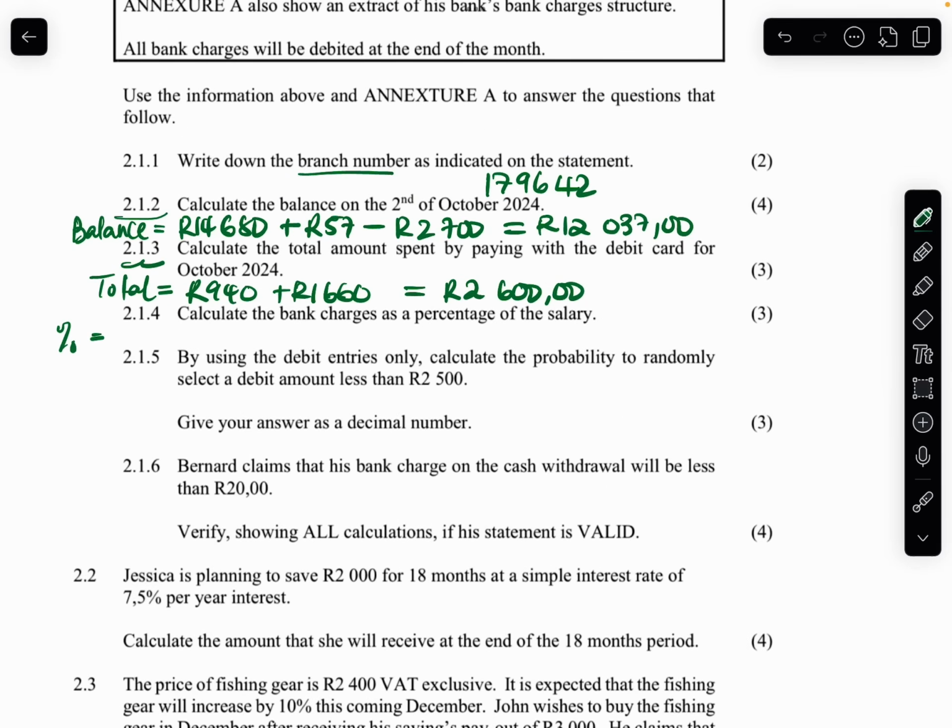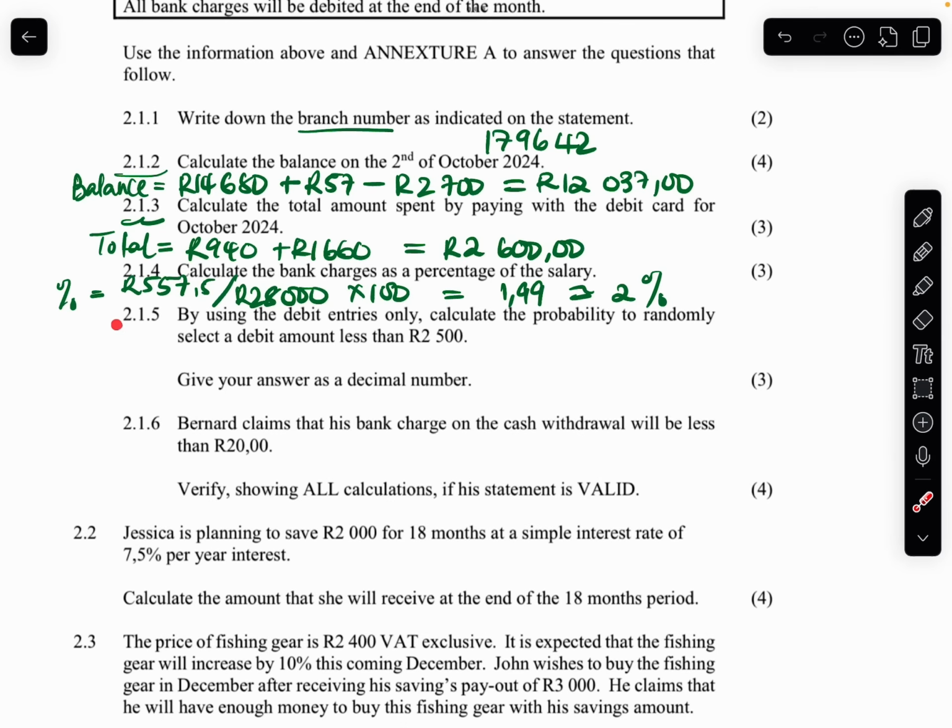So it's 557 rand 50 divided by the salary, it's 28,000, and then we multiply by 100. So it's going to be 1.99%, which is going to be 2%. So the bank charges out of the salary, it's 2%. Out of this 28,000, the bank charges is 2%.